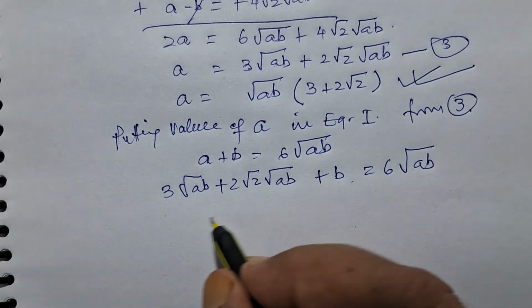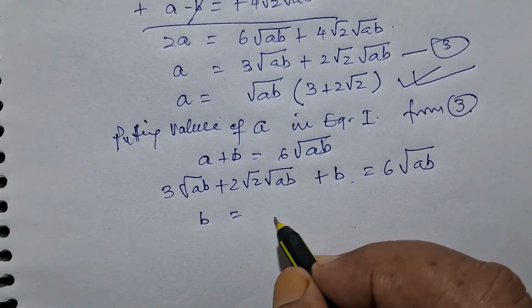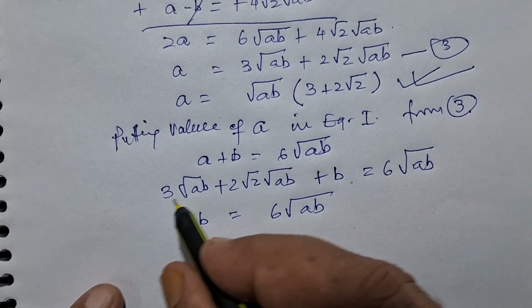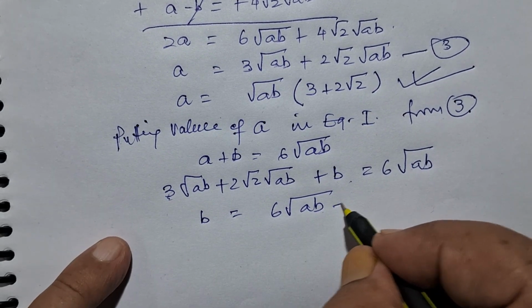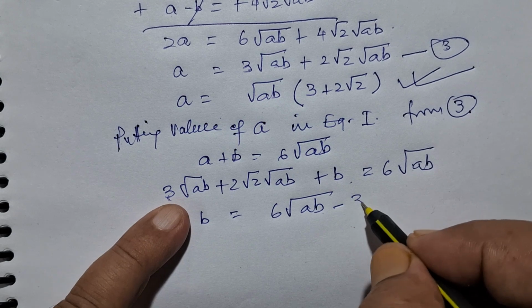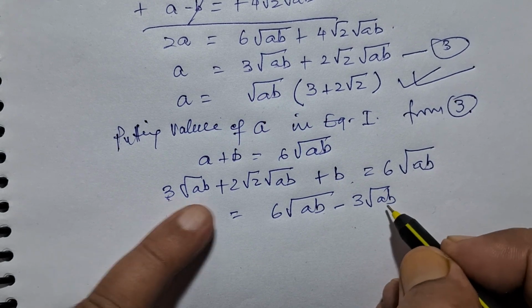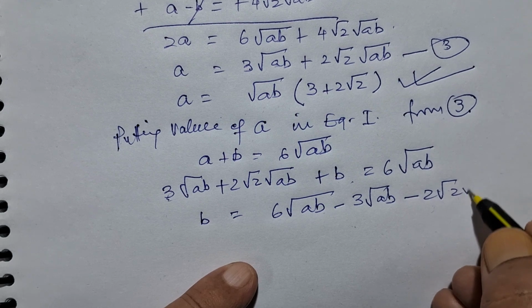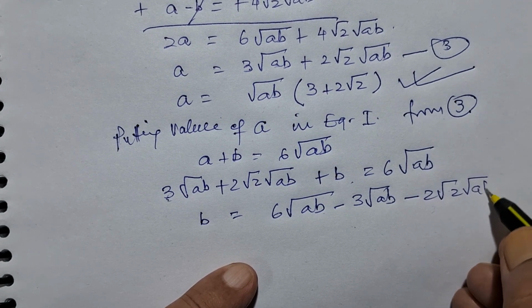Okay, this b we shall keep here, this 6 root ab will remain here, this will be minus 3 root ab. This will be minus 2 root 2 under root ab.